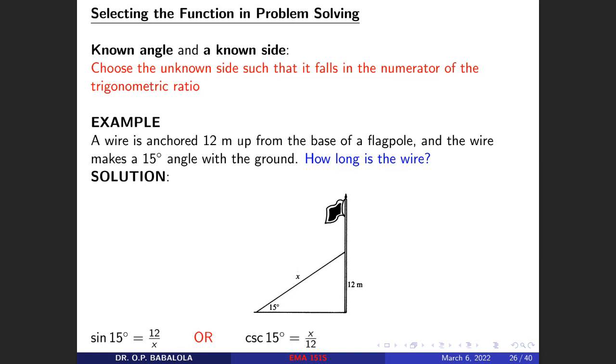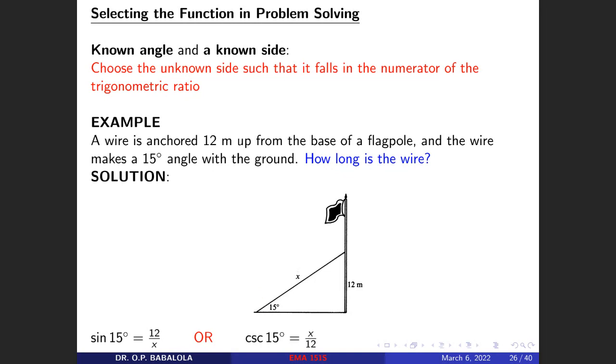Let's look at this example now. We have a wire anchored 12 meters up. Of course, we know this is the pole, and a wire is anchored 12 meters up from the base of a flat pole, and the wire makes a 15-degree angle with the ground. Please take note.